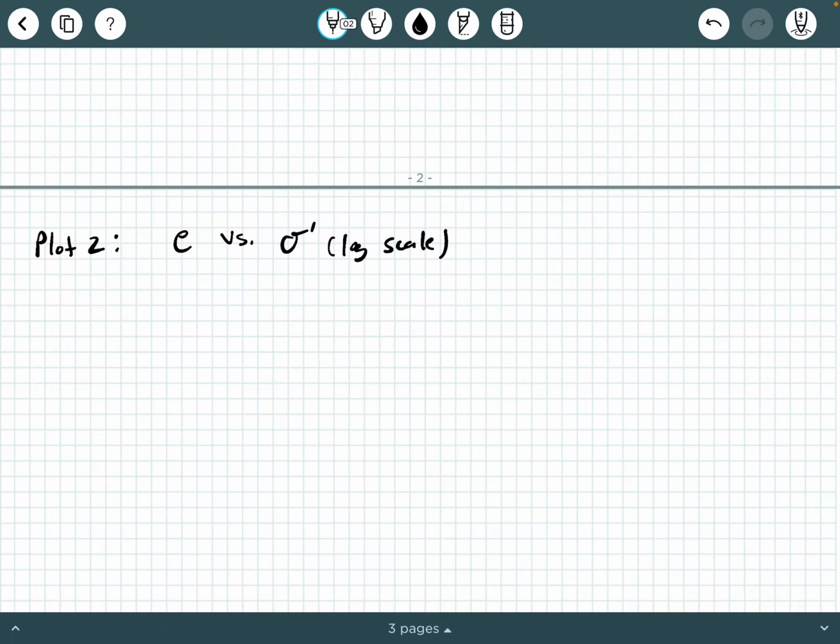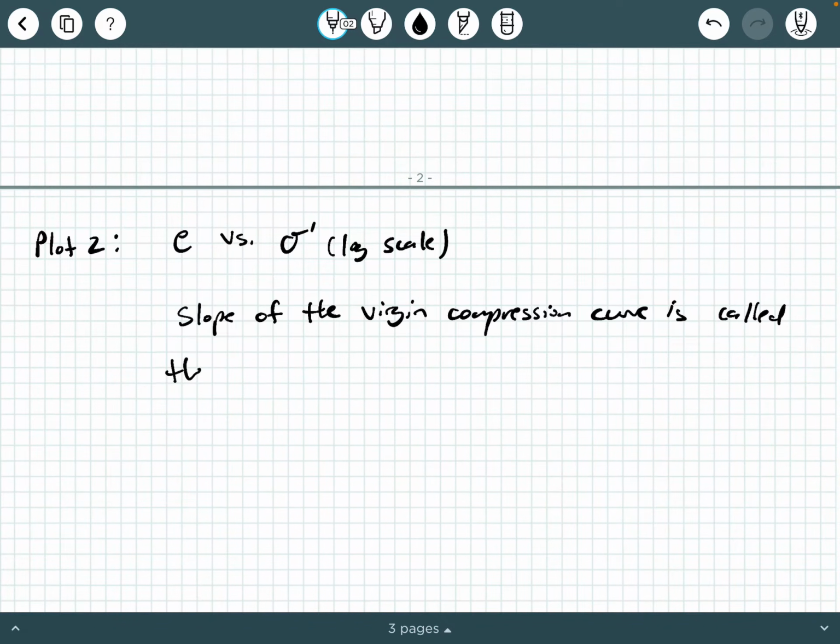So this one's the one you're familiar with, right? Basically what we say is the slope of the virgin compression curve is called the compression index.